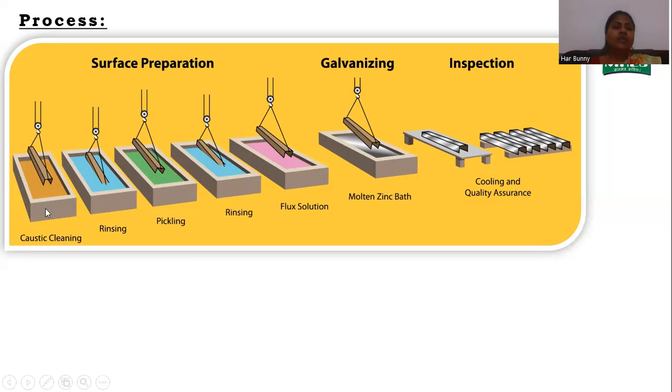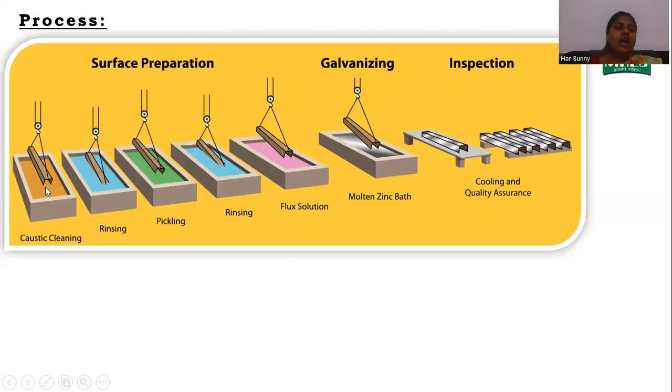What is the first step in the surface preparation? The iron sheet or the iron metal has to be cleaned with a caustic solution. Why do we clean this iron metal in the caustic solution? If the iron has any tiny particles or any kind of impurities, they have to get washed off.